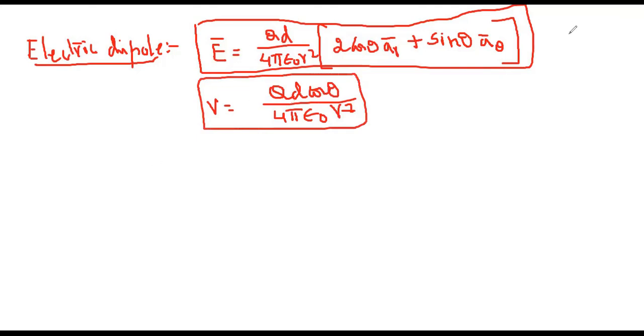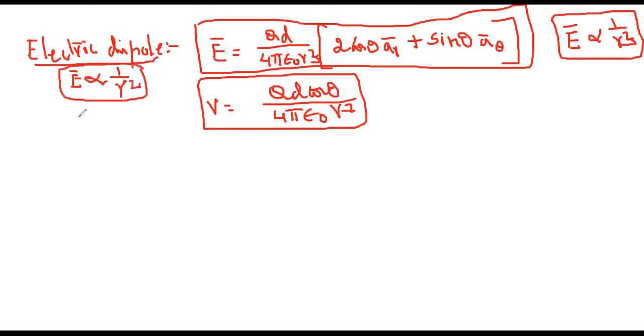See, here the electric field intensity E bar is proportional to 1 by R cube, sorry, not 1 by R square. For the point charge, the monopole, the electric field intensity is proportional to 1 by R square, and the potential V is proportional to 1 by R only.